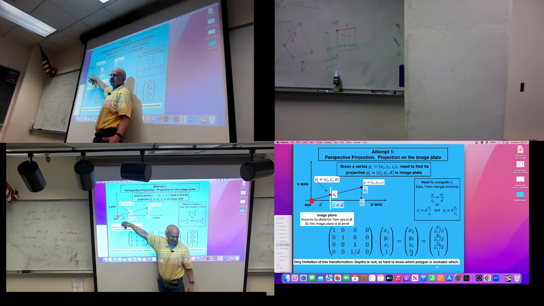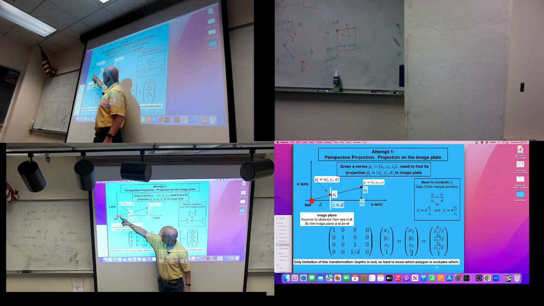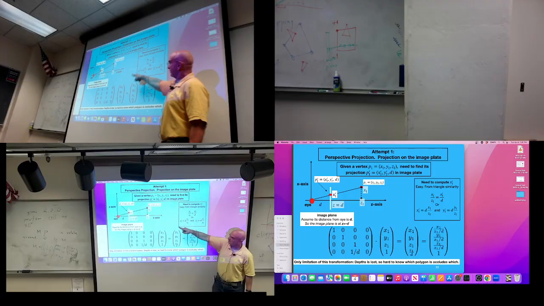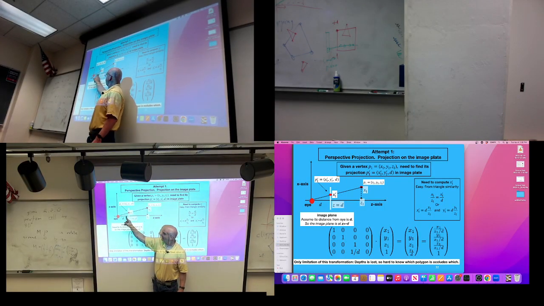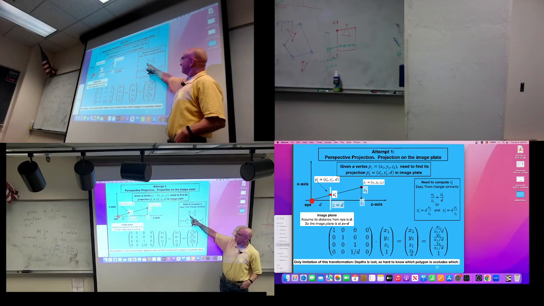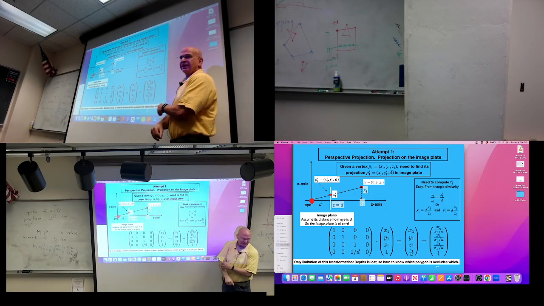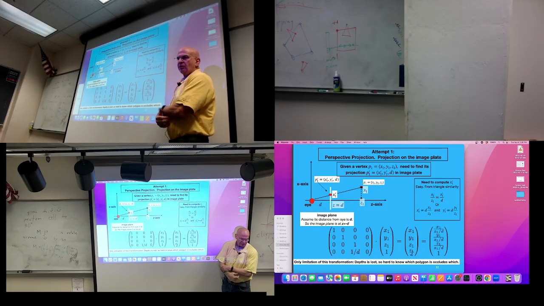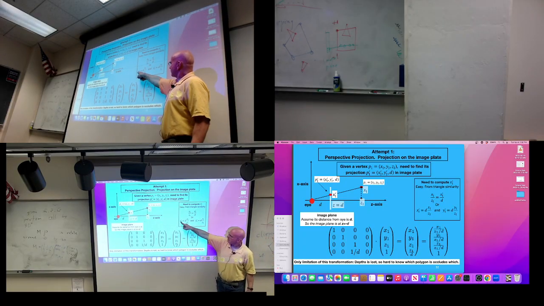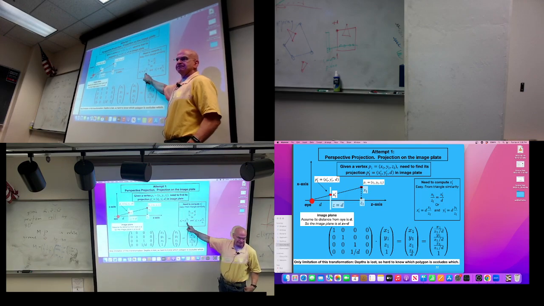This angle equals this angle, congruent similar triangles. So x1 divided by z1 should be x1 prime, the pixel that it falls into, divided by this distance d. And I know what is d. I decided where to place the image plane. So x1 prime is just d times x1 divided by z1.